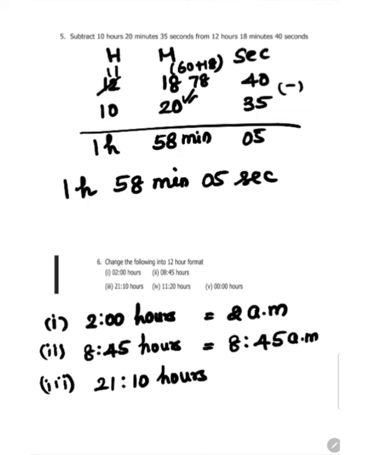21:10 hours is in the format of railway timing, 24 hour timing.